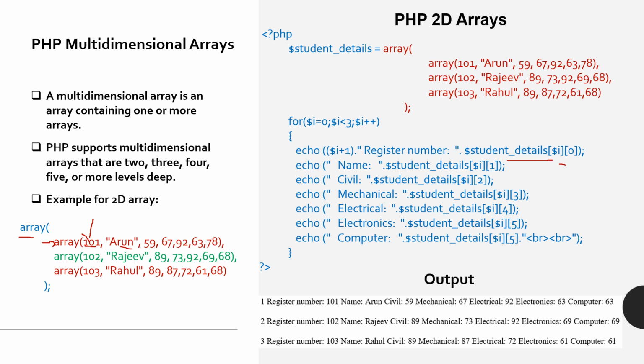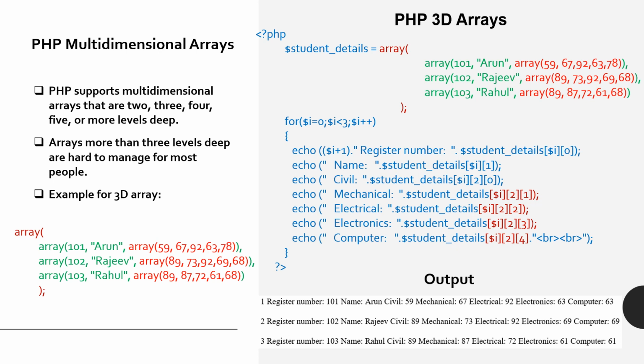You need to specify 0 in the sense register number, 1 in the sense name, 2 in the sense marks of first subject, that is civil engineering marks. Like that, all you need to specify. This is the output. So 3 students' details are displayed here. This is about 2-dimensional array.